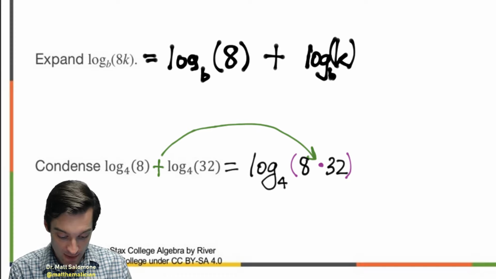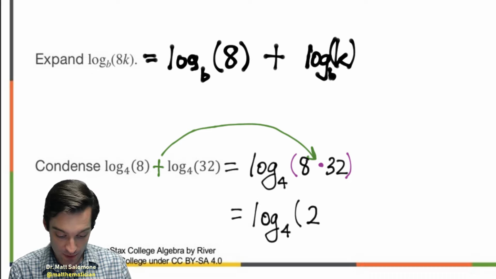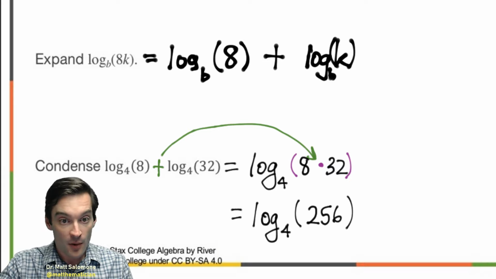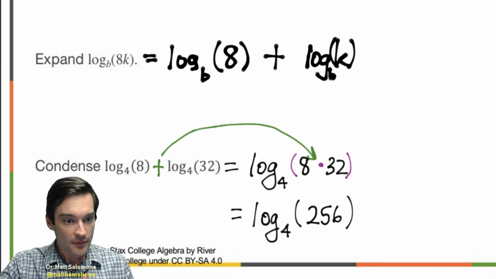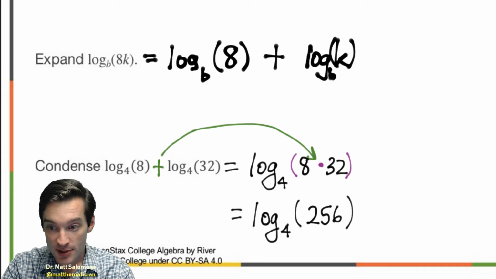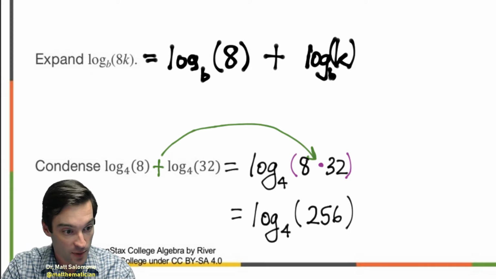Let's actually keep going on this and see if we can find a number answer for this. This is going to be the base 4 log of 8 times 32. 8 times 32 is 256. And then the question is, what is the base 4 log of 256? And for that, we'll just go back to our understanding of the relationship between an exponential expression and its equivalent logarithmic expression.